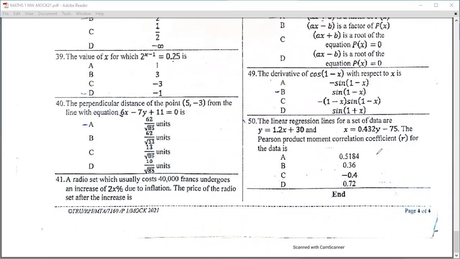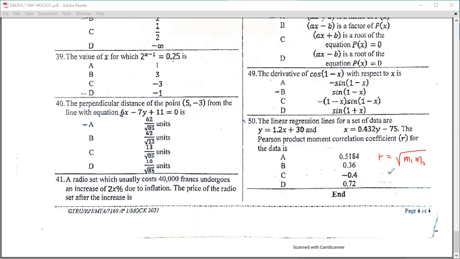To find the Pearson product moment correlation R, this value should be equal to, I want to give you a shortcut, the square root of M1 M2. Note that M1 is the gradient of the line y equals mx plus c, while the other gradient, M2, is the gradient of the line x equals my plus c.